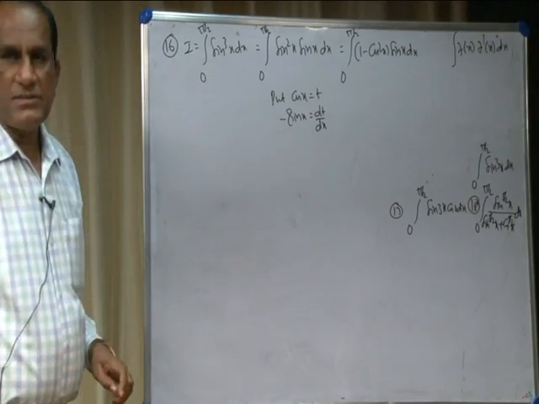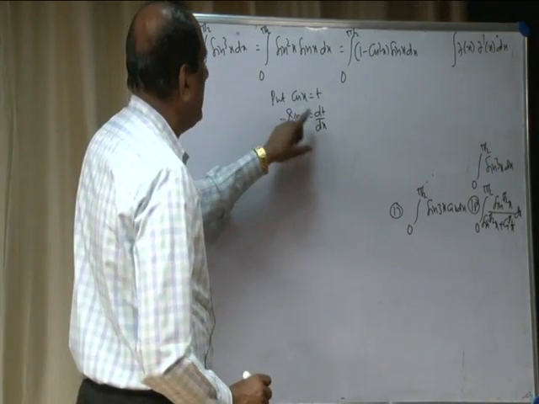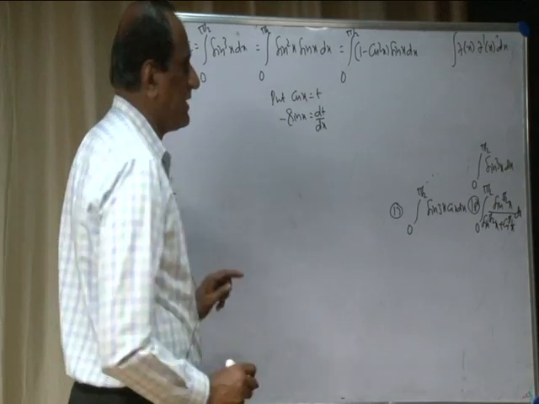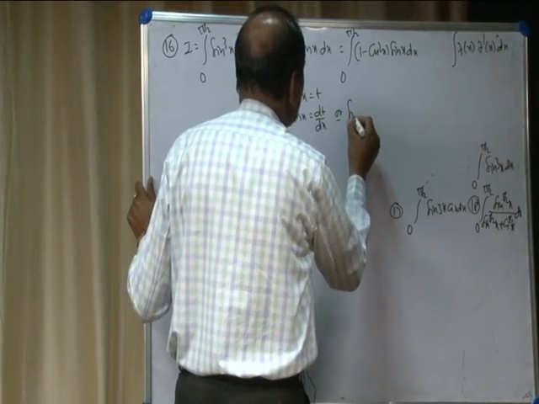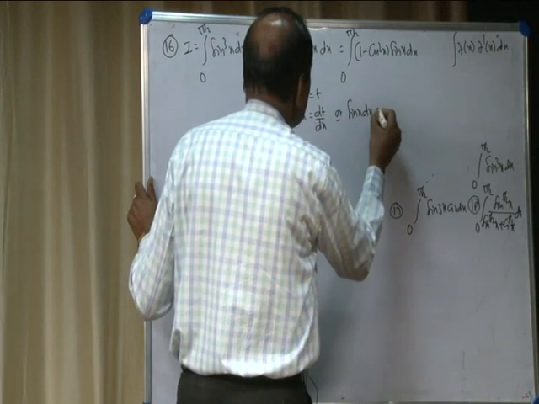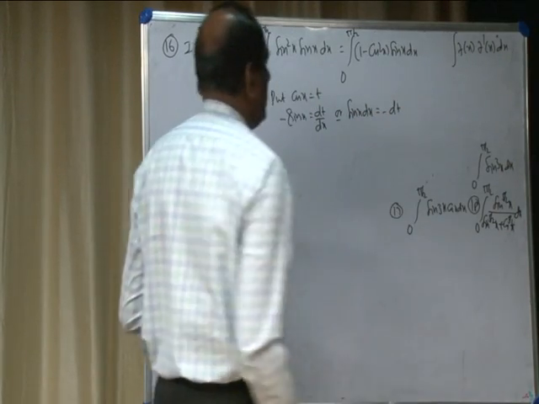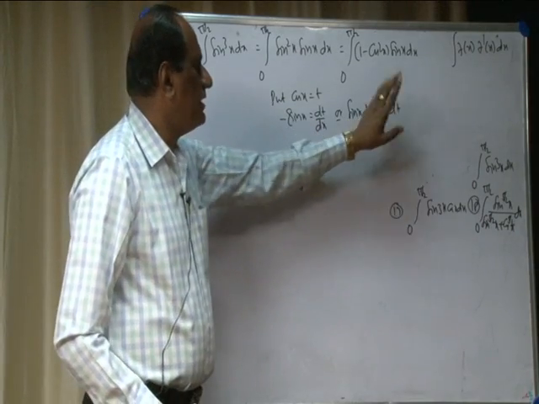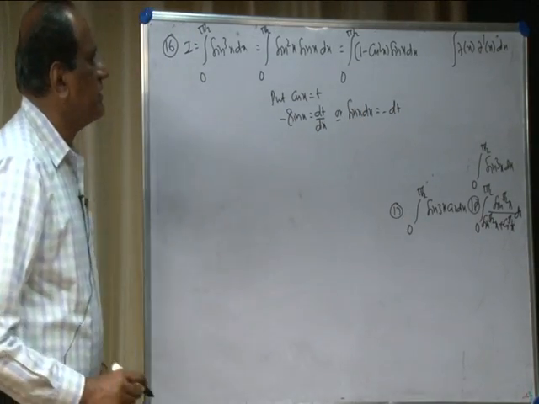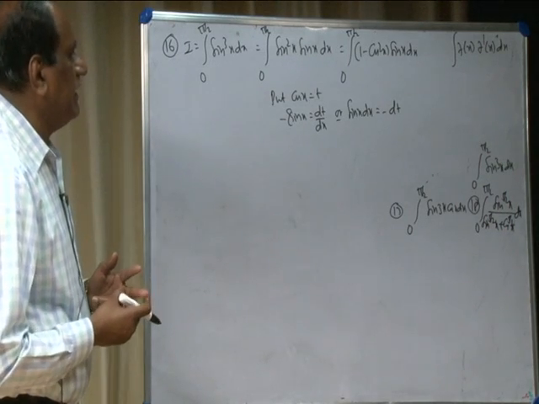Differentiation of t with respect to x is dt by dx, and LHS is minus sin x. We want sin x, so we can write this as sin x dx is equal to minus dt, by cross multiplication and transferring the minus to that side.